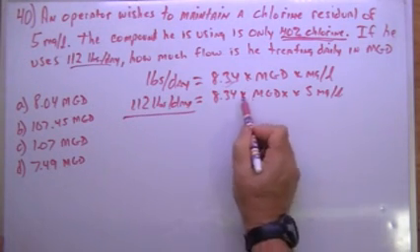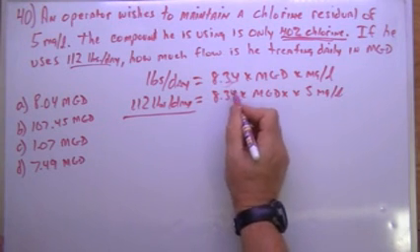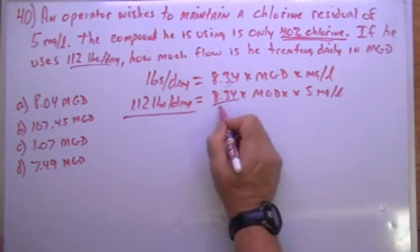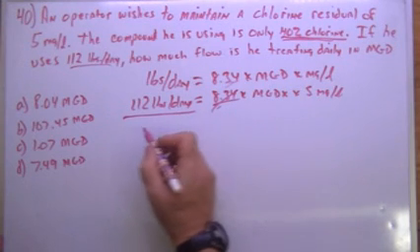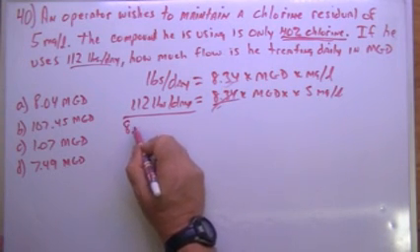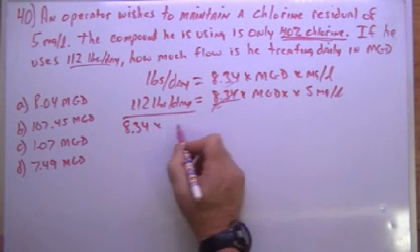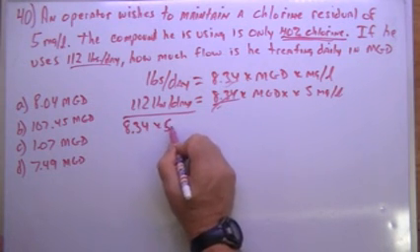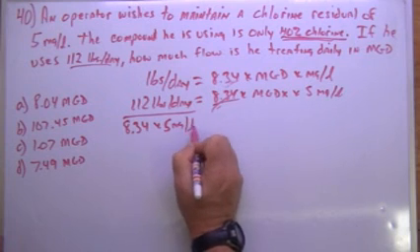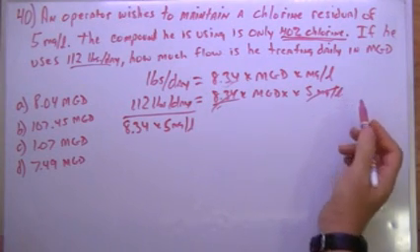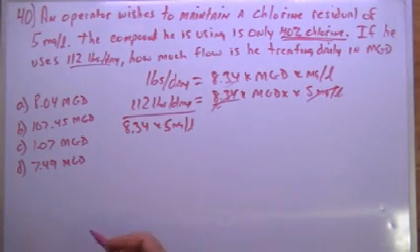So I'm going to take the 8.34, divide it by itself and get rid of it, move it over to the other side on the bottom, and do the same thing with the 5 mg/L. And punch this out.